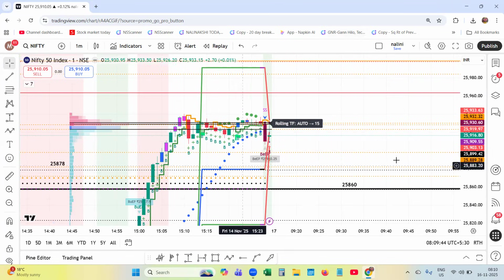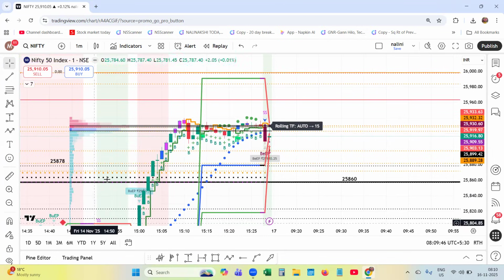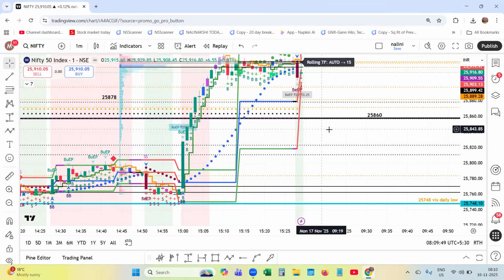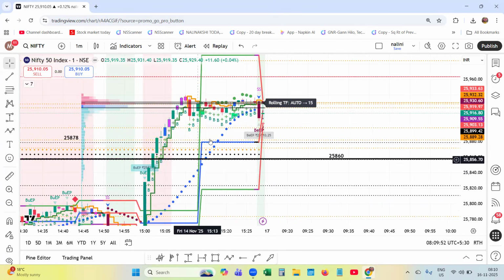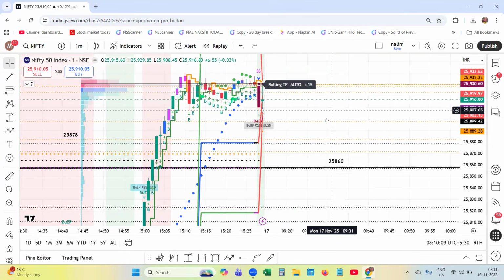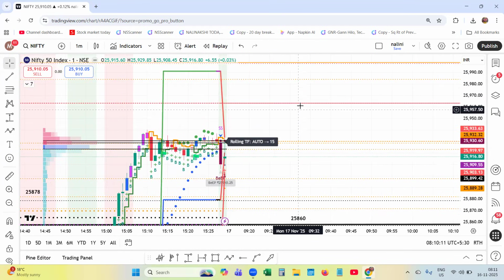Apart from that, we are seeing a CPR has been formed above this. Price has climbed above the CPR level, and any dip towards this level, for example 25,876 to 871, these are the levels you can anticipate as support in this market, and it can travel up to these resistance levels.